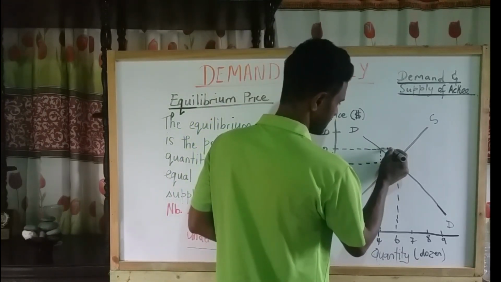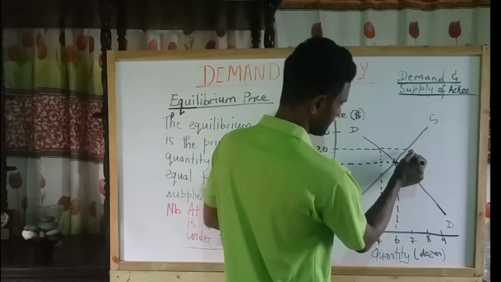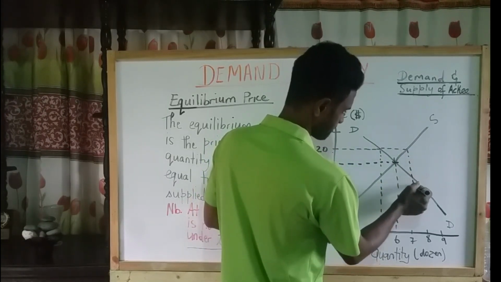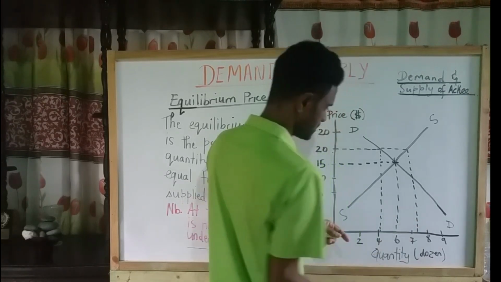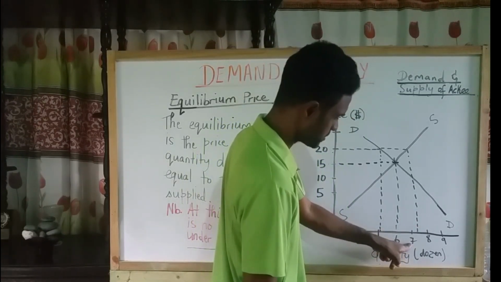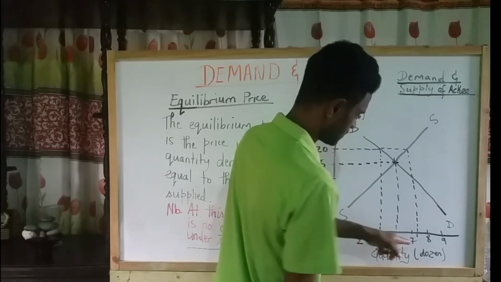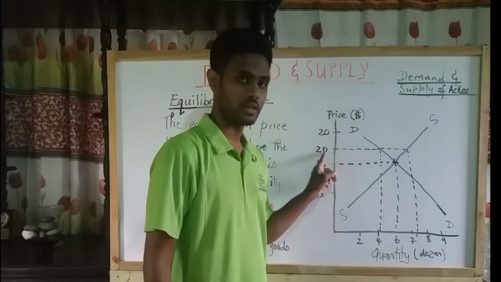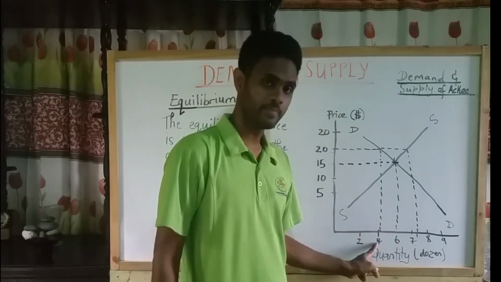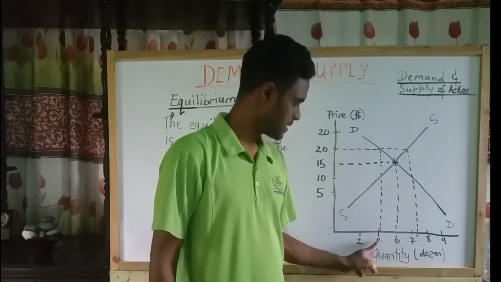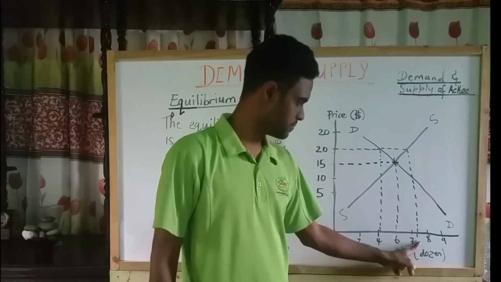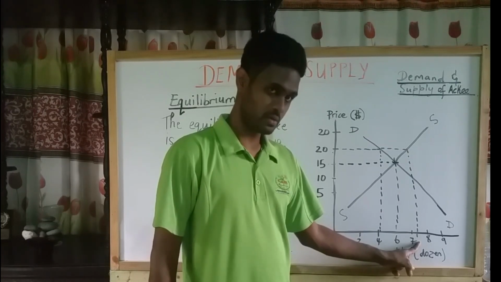We continue with the line right across to the supply line. And this will tell you that about 7.5 dozen ackees is supplied at the $20 mark. So the amount demanded would be 4, and the amount supplied at this price is 7.5 dozen.